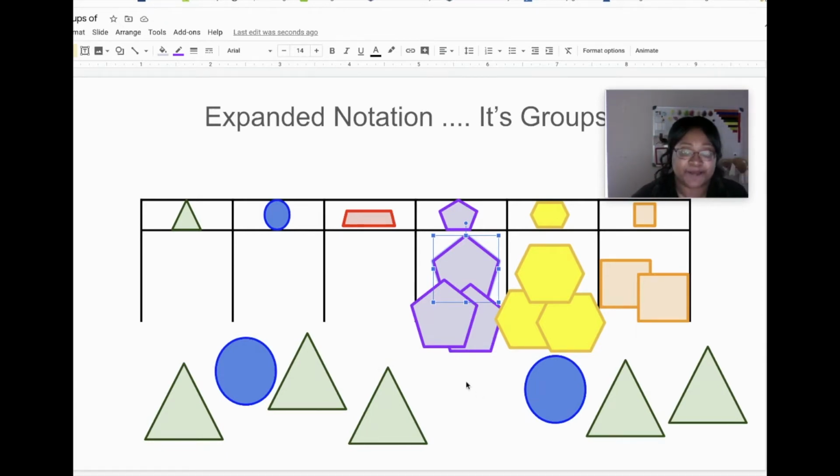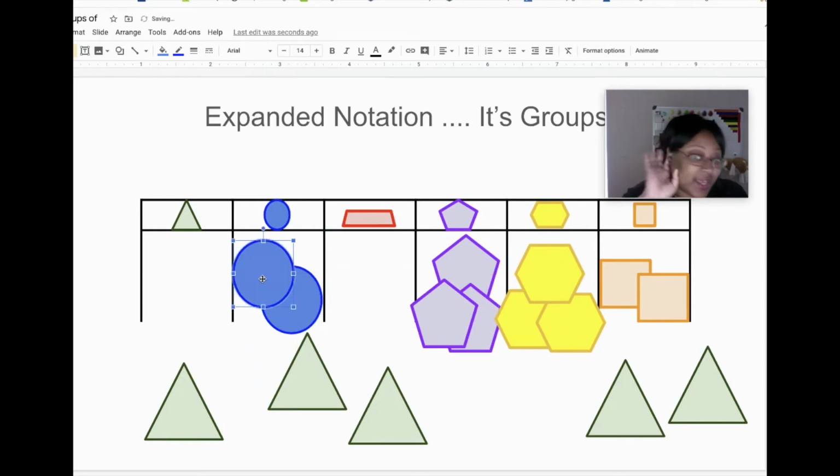Very good. Well, how many red trapezoids do we have? That's right. We have 0 groups of trapezoids. Excellent. Well, how many groups of blue circles do we have? We have 2. That's right.